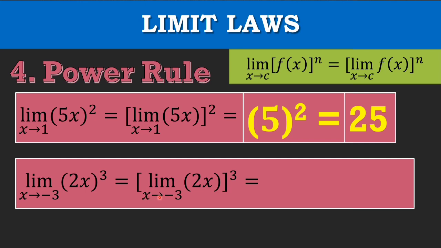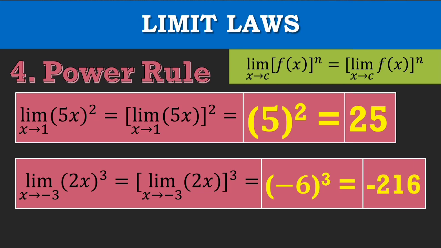So, substitution lang, sa x magiging negative 3, multiply by 2, the answer is negative 6, and we need to cube the answer. And negative 6 cubed is also the same as negative 6 times negative 6 times negative 6. And the answer is negative 216. This is your power rule.